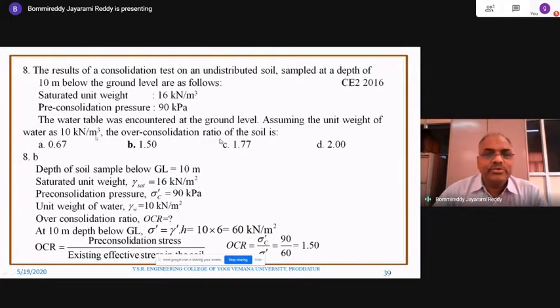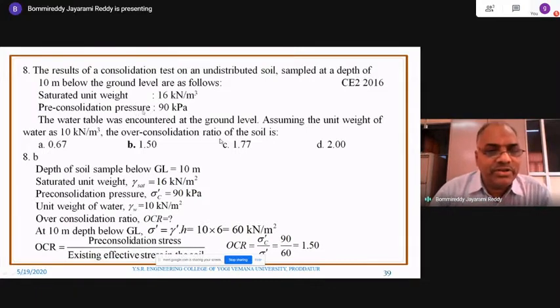Now let us move to another problem. The results of a consolidation test on an undisturbed soil sampled at a depth of 10 meters below the ground level are as follows. Saturated unit weight 16, pre-consolidation pressure 90 kilopascals. So pre-consolidation pressure means the pressure existing on the soil.